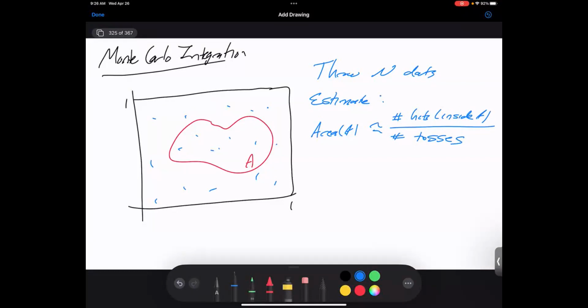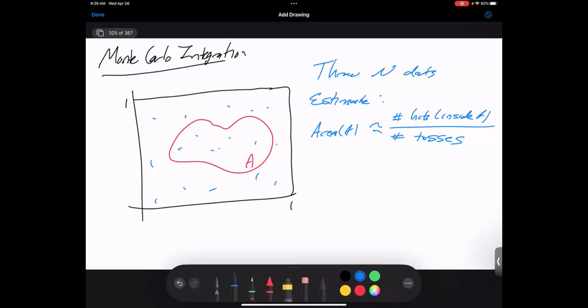If you toss the coin 2 times, what are the possible estimates you could have? Now you could have half. And if you toss it 3 times, it could be 0, 1/3, 2/3, 1. The more times you toss, the more possibilities you have for your estimate, and the more likely it is that your estimate will be close to the true value.